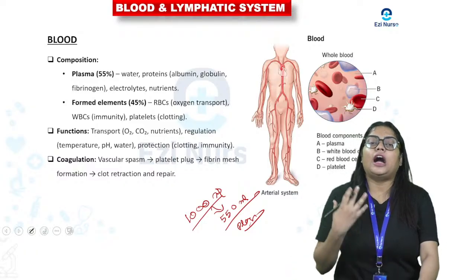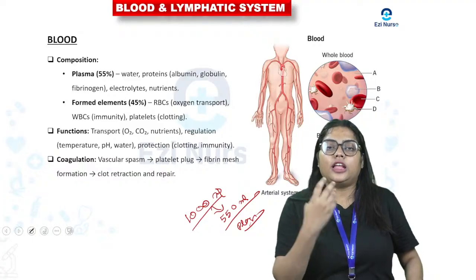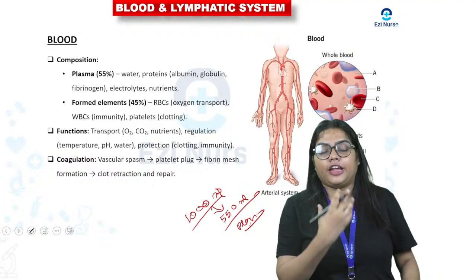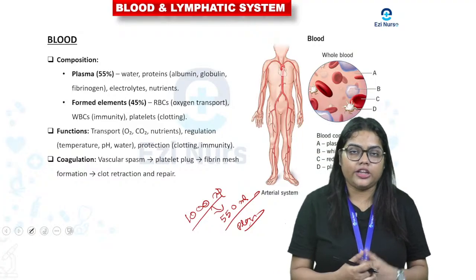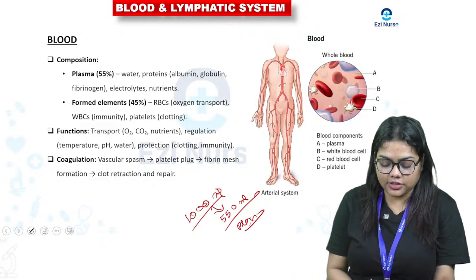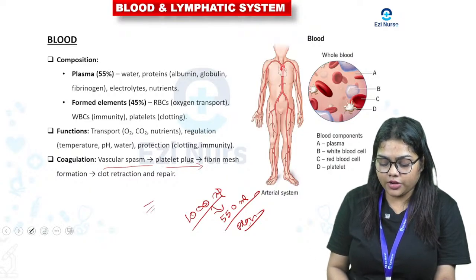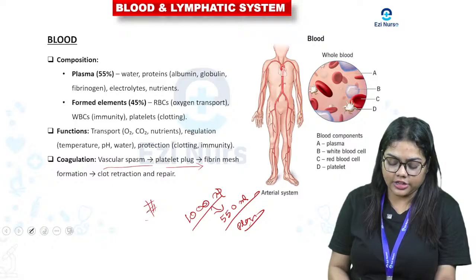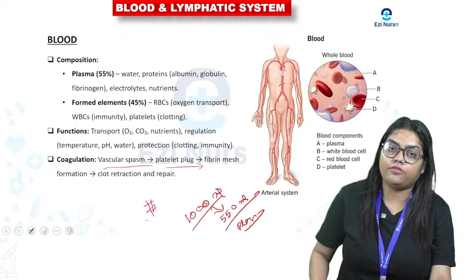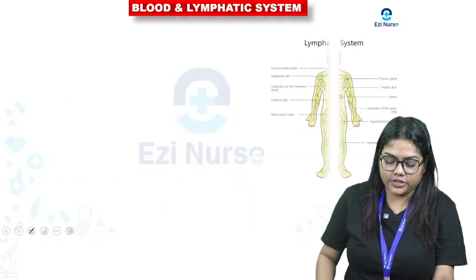So for that we have platelets in our body, and platelets will help break down the protein and try to clot or coagulate to stop the blood flow. For that, the vascular spasm will happen, the platelet plug will be formed, the fibrin mesh will form, and the clot retraction and repair will start. So this is about the blood.